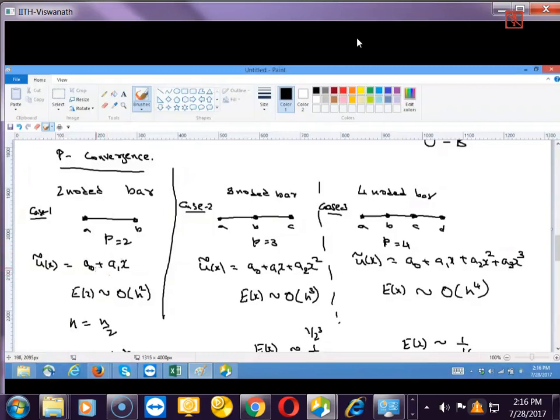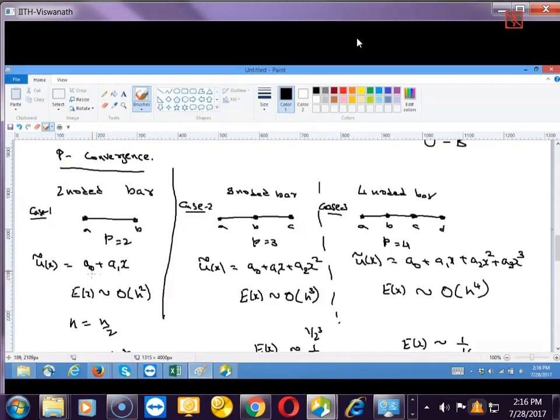So you need to understand that if you take a complete polynomial, which is true for all these cases because all the lower degree powers are retained, like x to the power of 0 and x to the power of 1 here, x to the power of 0, x to the power of 1 and x to the power of 2.